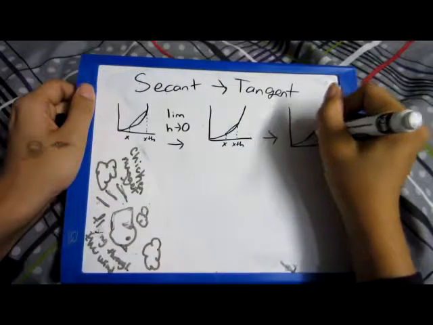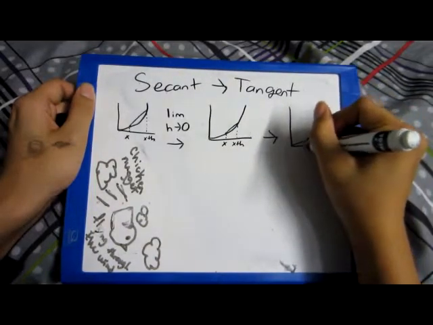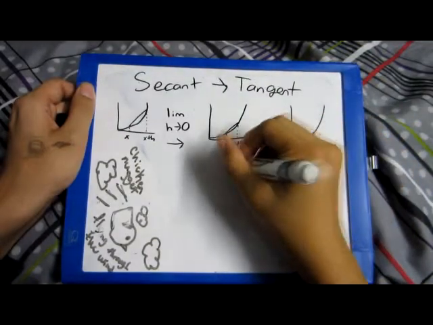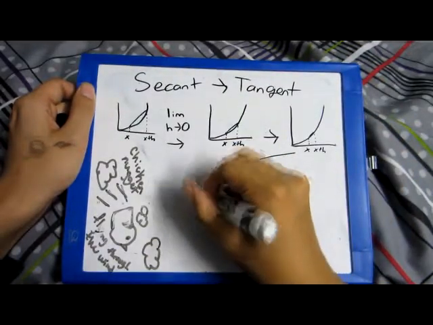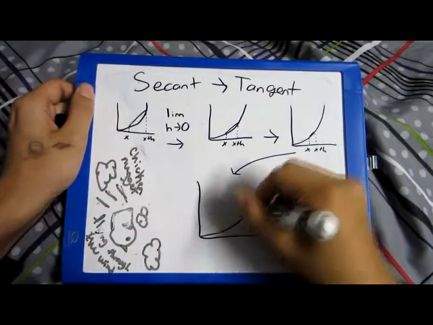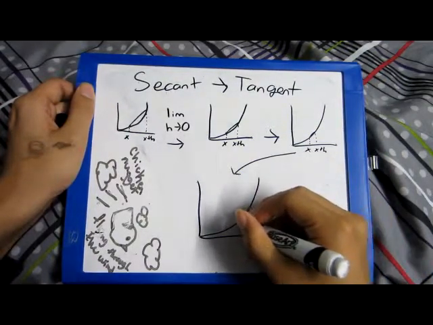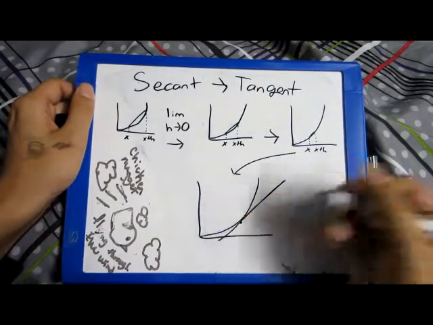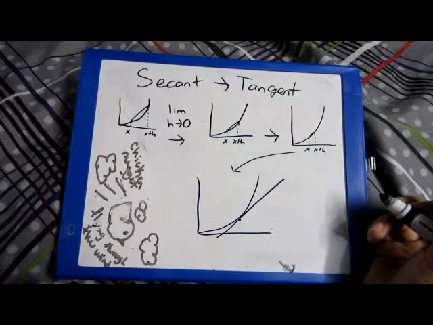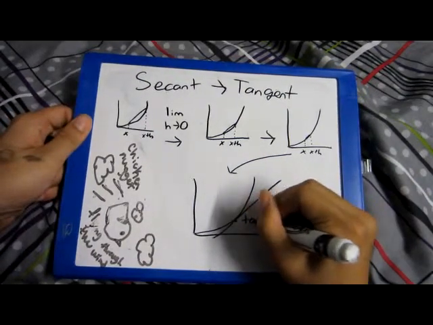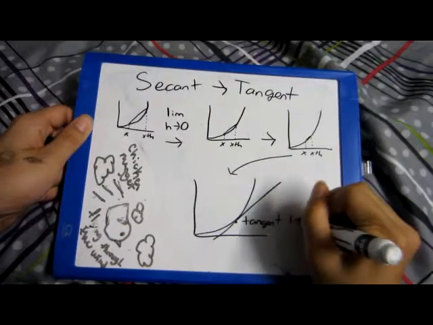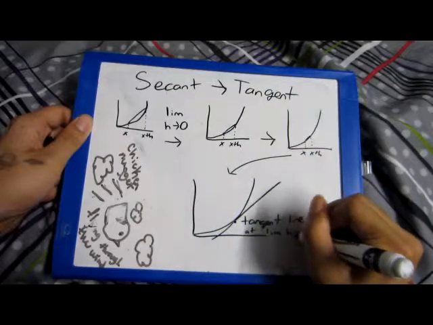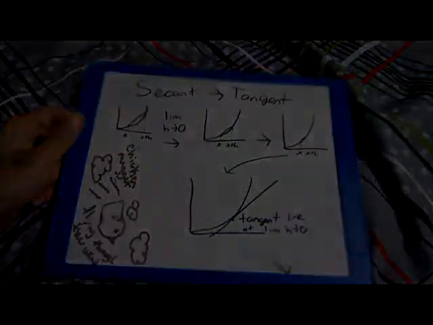In reality, if we zoomed in, it's probably not going to be exactly at the same point, but since the h value is going to end up so small, we just assume that it's 1 point. And pretty much that 1 point becomes the tangent line, and we just draw a line along it, and it becomes the tangent line to the curve. And yep, that's pretty much it. And there you have your tangent line to the curve.